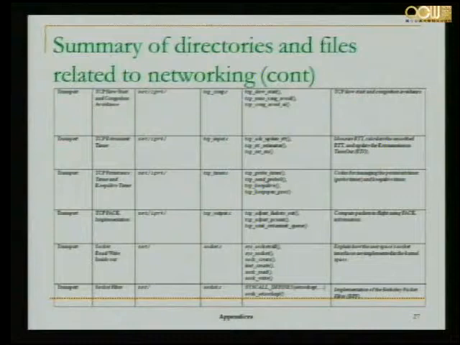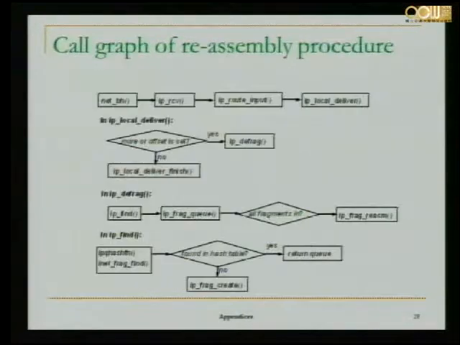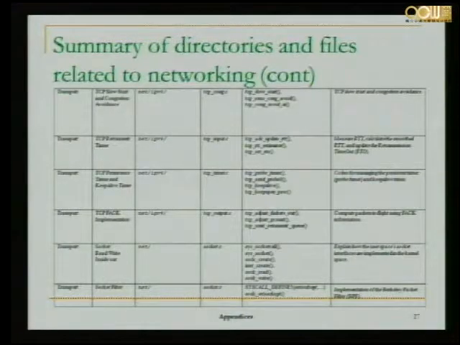And then the socket rewrite, the socket implementation here, and the socket filter, another implementation for packet filtering or packet sniffing. So these are the kernel source code, I mean within the networking code.